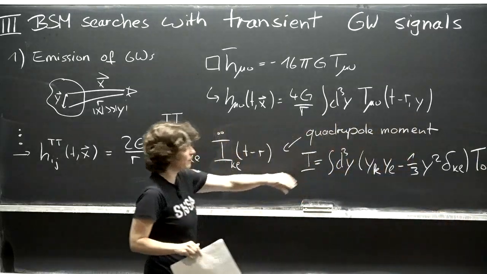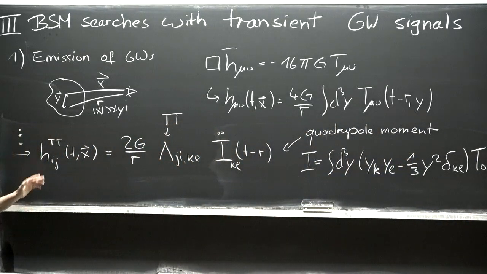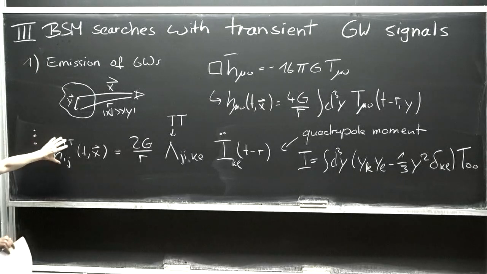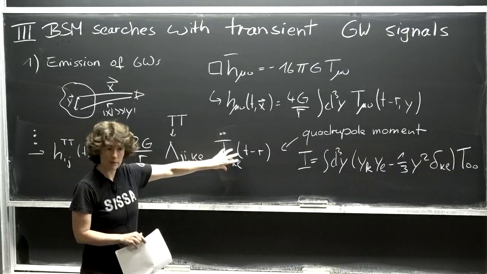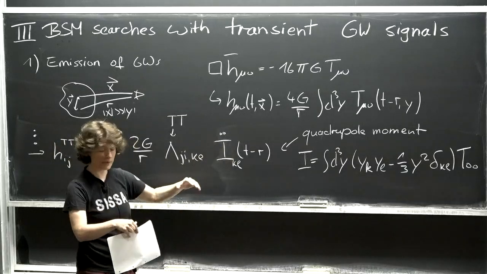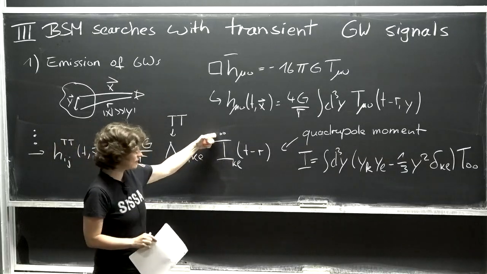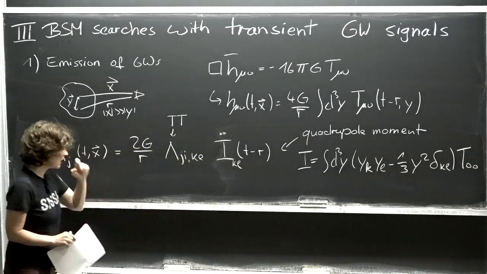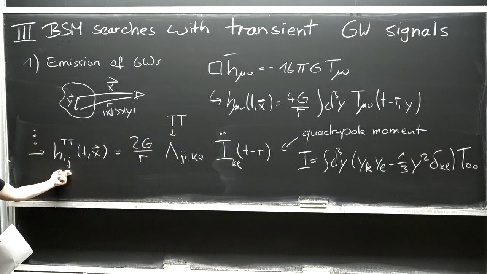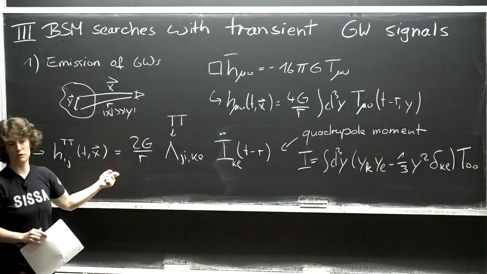Okay, so that's the usual way of computing the quadrupole moment in any mechanical body. And what this tells you is that in order to source the gravitational wave, what you need is a quadrupole moment, meaning something anisotropic. And what you need is an accelerated quadrupole moment, right? So it needs to have a time dependence. And then the amplitude of the gravitational wave scales as 1 over the distance.